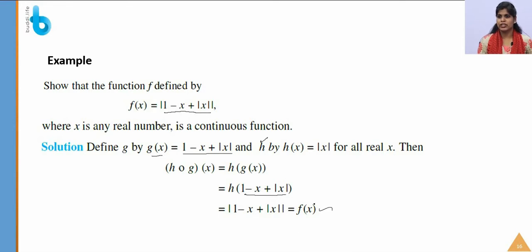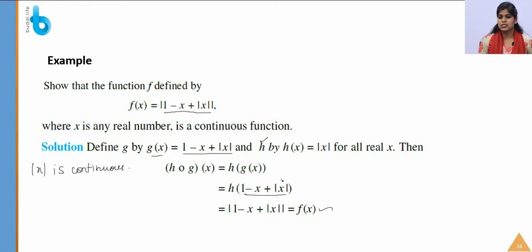Okay, so f of x is what? A continuous function. Why? See, modulus of x is continuous. This you have already learnt even in the previous class n number of times, that is, modulus of x is a continuous function. Okay, I hope you know this.